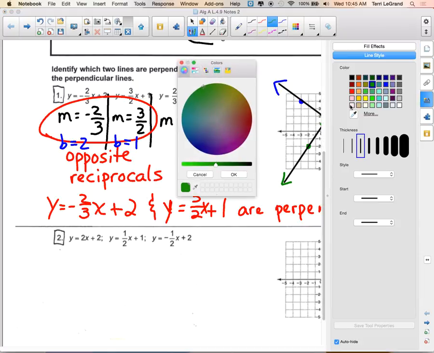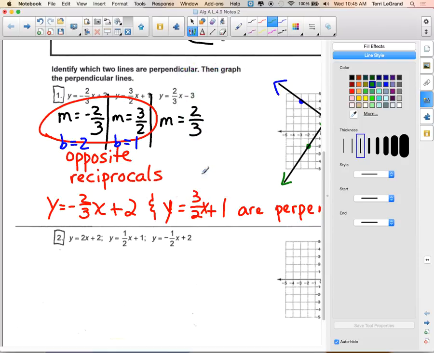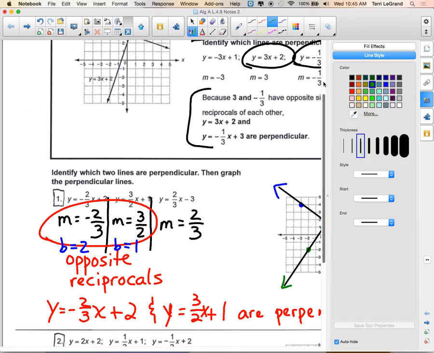You should end up being able to tell if it's a right angle or not.